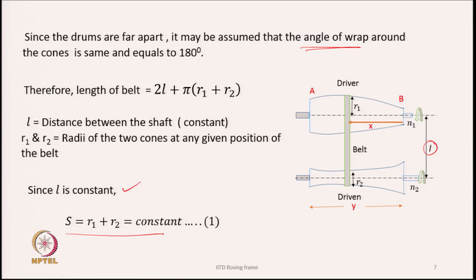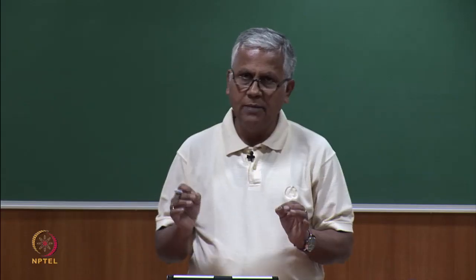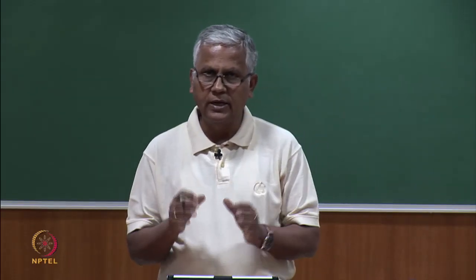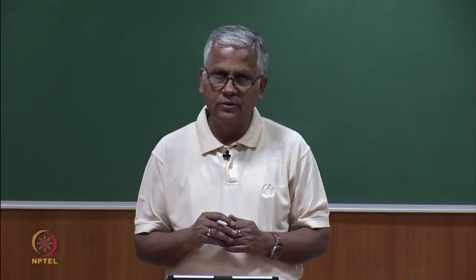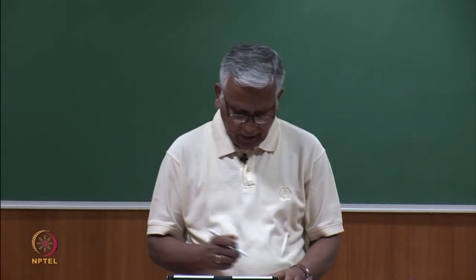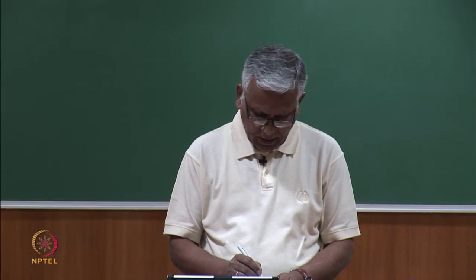If the belt length has to be the same, then L is constant and hence pi is constant, and therefore the sum of these two radii, r1 plus r2, has to remain always the same. Then only we can use the same belt for running the cone drums from one end to the other end of the drums.